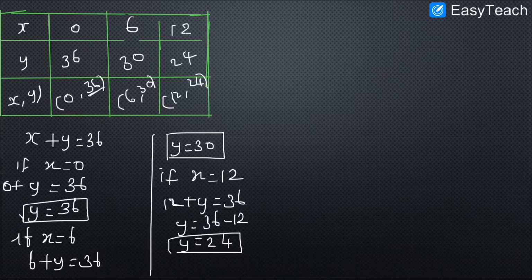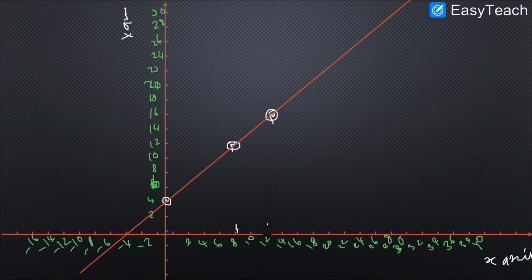If x equals 18, let's see what value we get. 36 minus 18, so the y value is also 18. The new vertex is (18, 18). Let me mark it here, on the line.